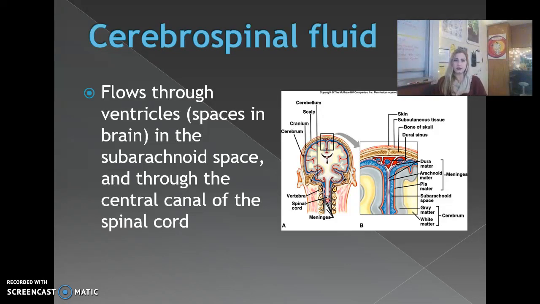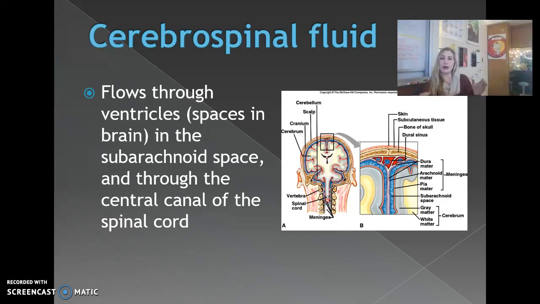It flows through the ventricles, and these ventricles are spaces in between the brain. We have about 4 ventricles, and these are where the cerebral spinal fluid is produced and how it flows through. So your brain essentially is suspended, and this is what allows that kind of mushy matter to all hold together and not be pressed up against.